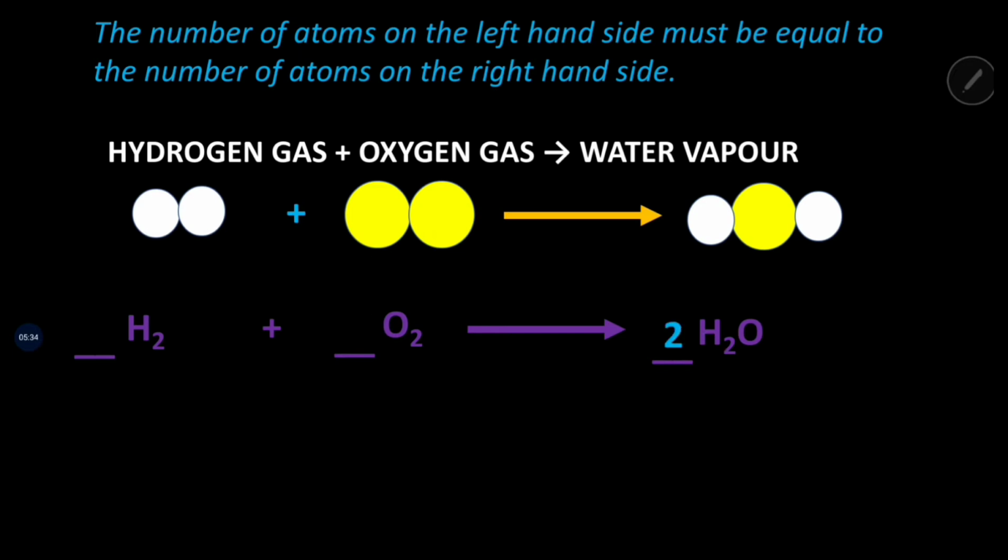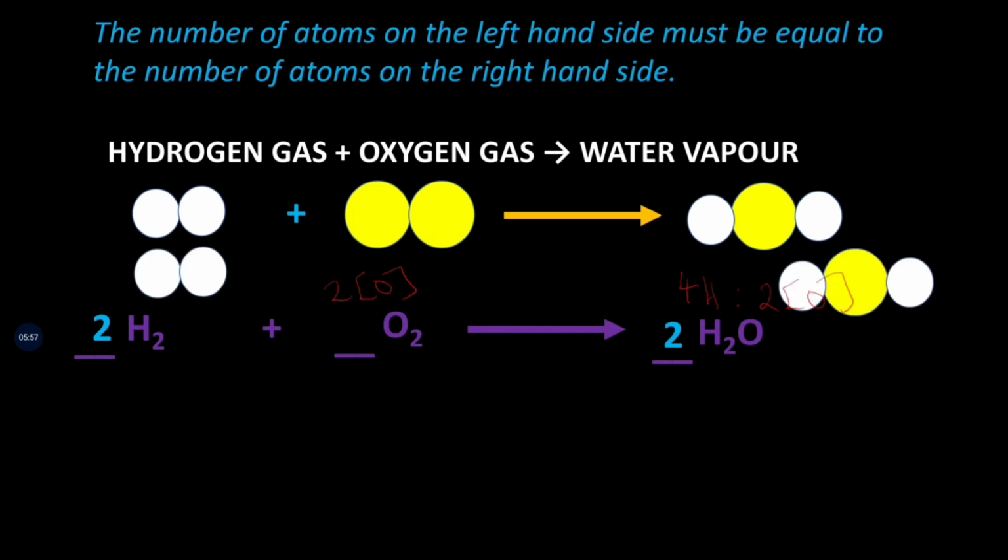By placing a 2 here, now there are 4 hydrogen atoms. So here on the right hand side, I now have 4 hydrogens and 2 oxygens. So what must I do to the left hand side to balance the hydrogens? Place another 2 there. And then this now means, if you look at the symbol diagram, I just need to add those substances and the equation is now balanced.